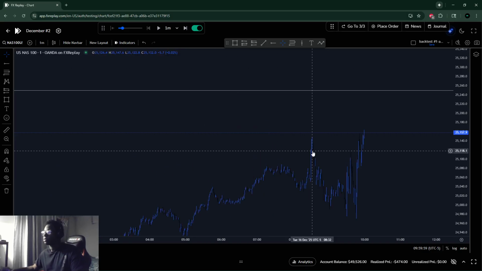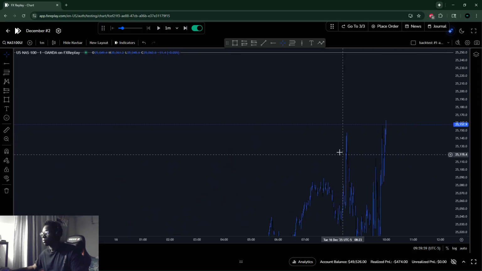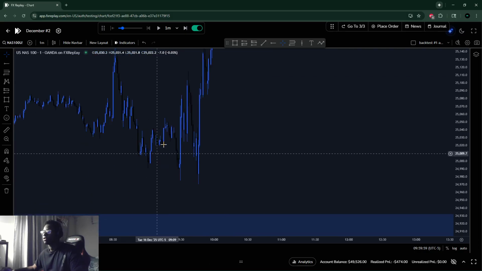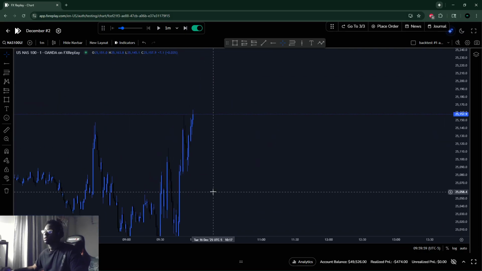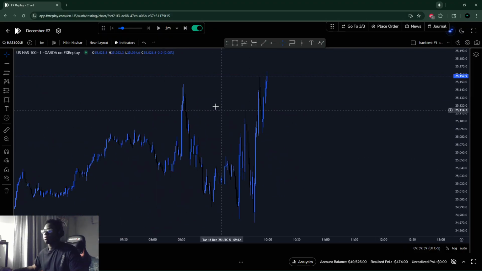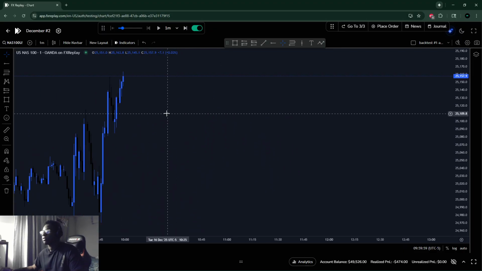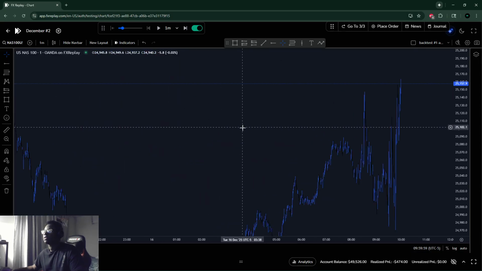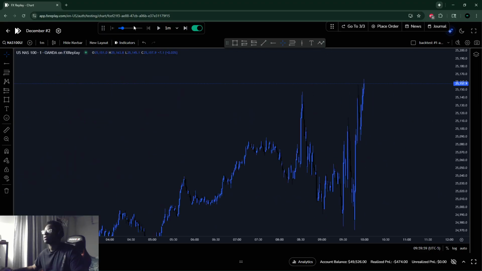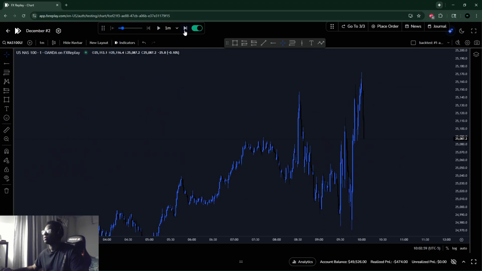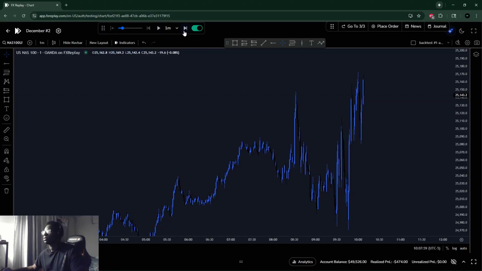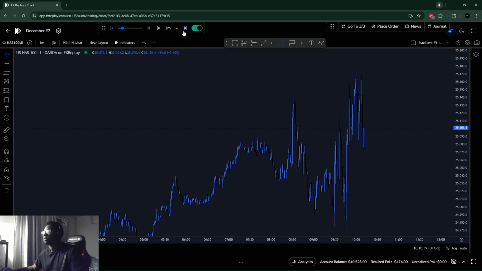In 1 minute, we just took that high after taking those lows. There's a bunch of internal manipulation here. Once we took that high, I feel like we have to come back down to retest it. But it looks like a bearish setup, honestly. So let's just see what happens. Yeah, there you go.